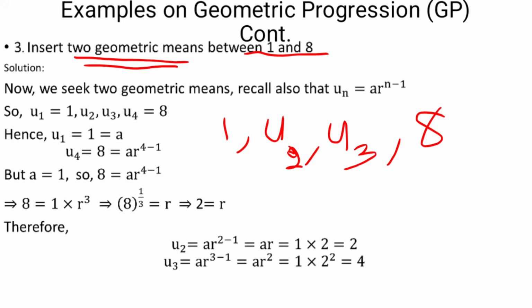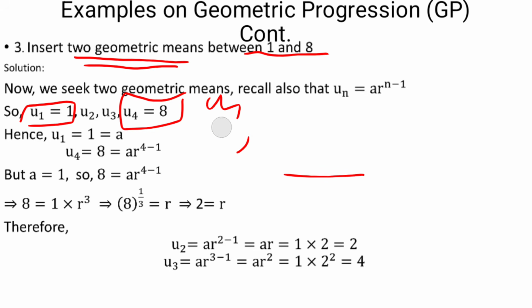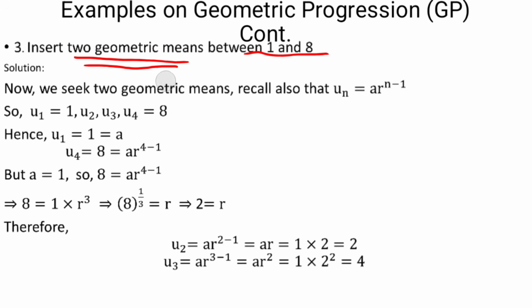That's why you see u1 is 1 here, and u4 is 8. So this is u1, this is u4. Okay, so we're inserting just these two between them, u2 and u3. Let me clean the screen.